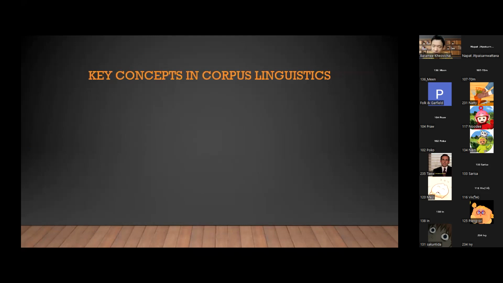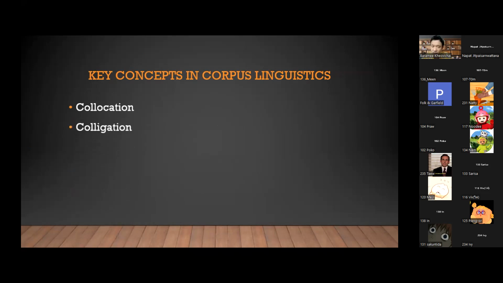And because of that, when we talk about language, vocabulary and words, we need to have some idea about how to describe it. There are some key concepts in corpus linguistics that we use when we analyze language patterns.